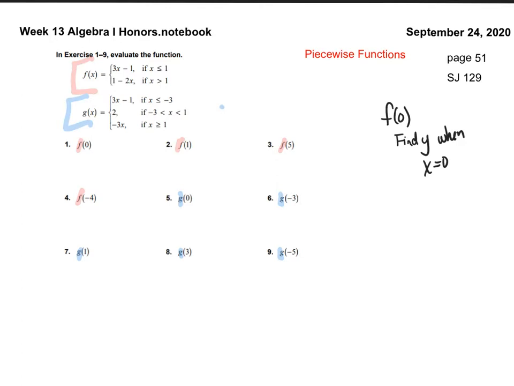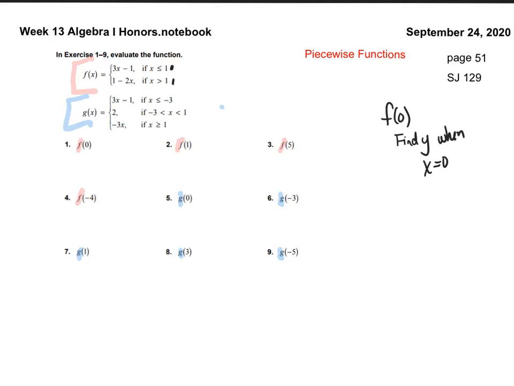For f of 0, looking at the red function f of x, where does the value of 0 fall for x? Does the value of 0 fall in this first category where x is less than or equal to 1, or does it fall in this second category where x is greater than 1? That's the first thing you have to decide after knowing which function to use.